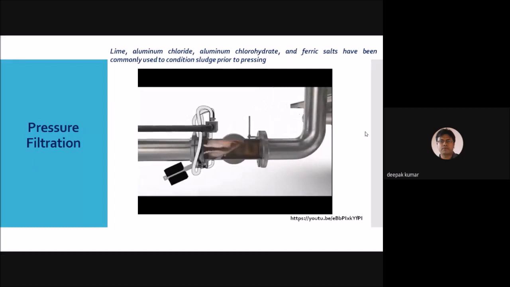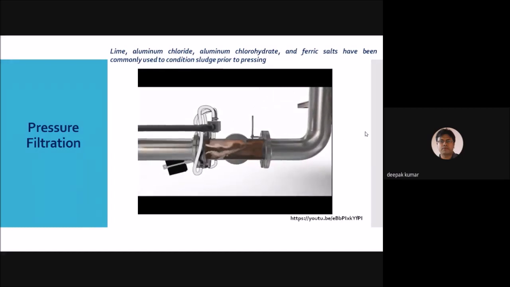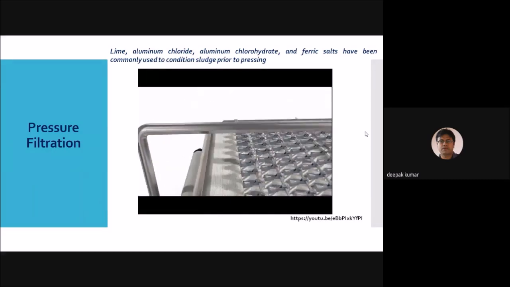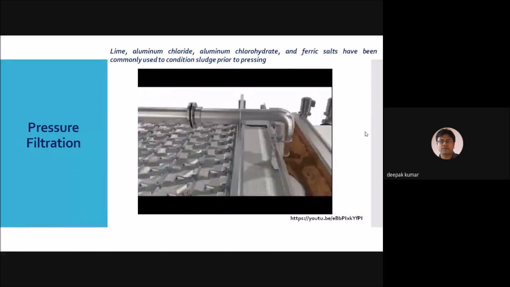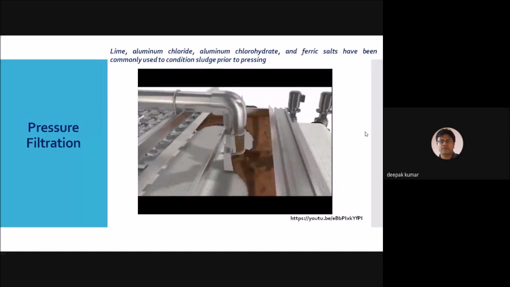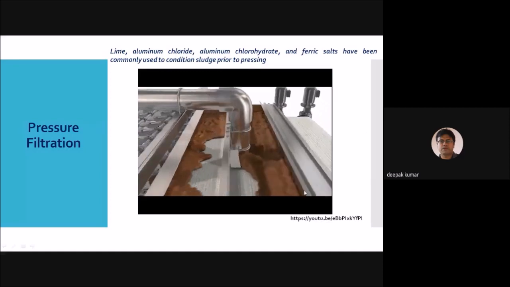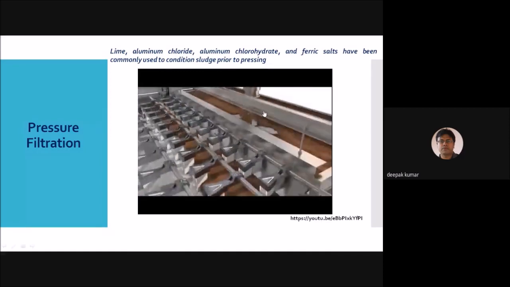That means you have to apply pressure on the sludge. When you apply pressure on the sludge, the extra water present in it will get out and the solid sludge will get separated from it.